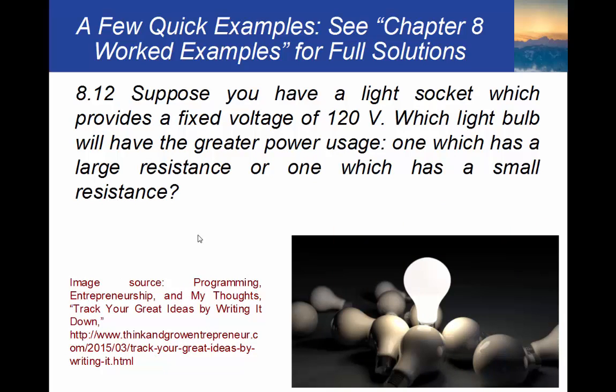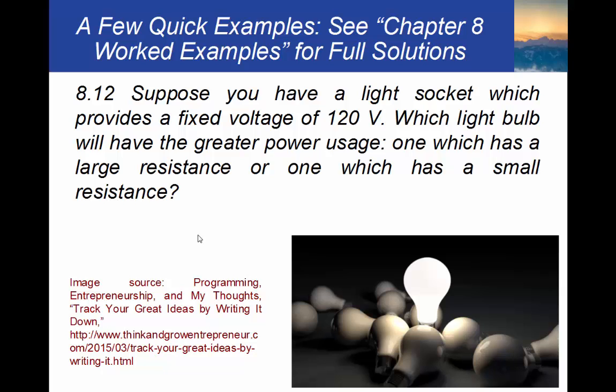Alright, suppose that you have a light socket which provides a fixed voltage of 120 volts, and we want to know which light bulb will have the greater power usage, one which has a large resistance or one which has a small resistance.